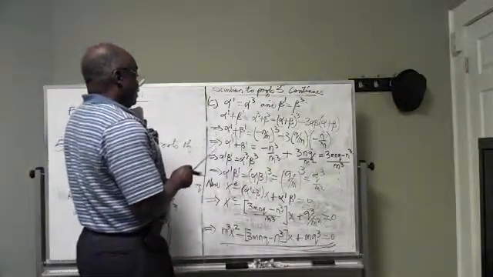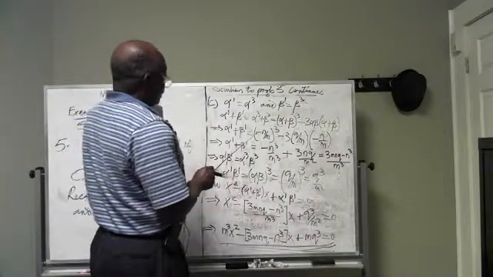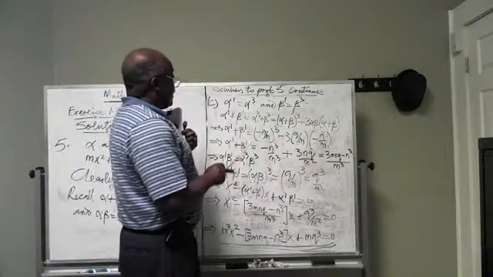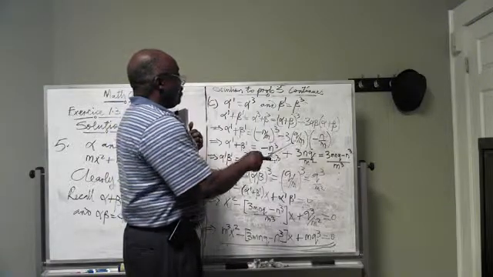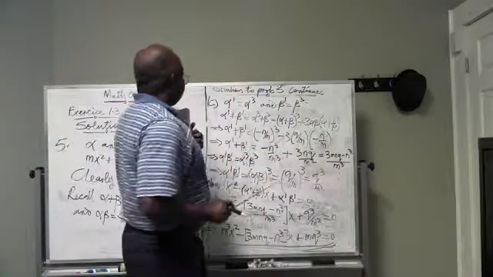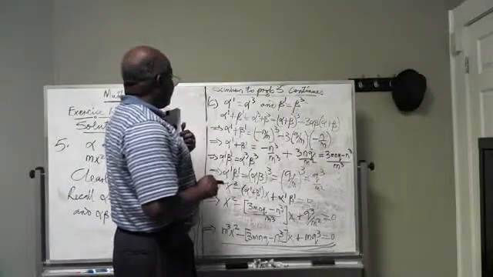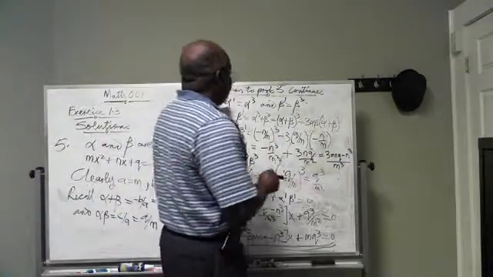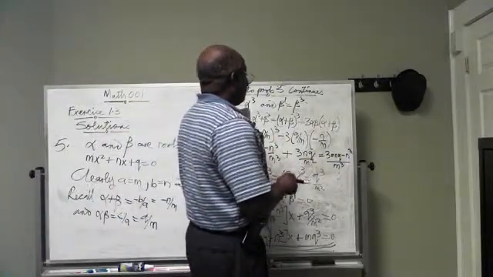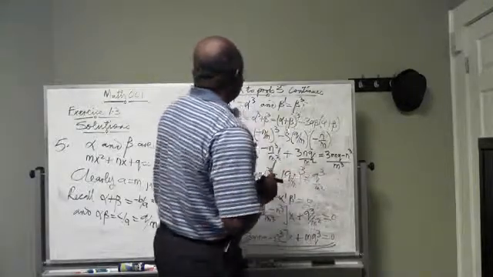This implies alpha prime plus beta prime on some further substitution is equal to minus n over m all cubed minus 3 into q over m all into minus n over m, which results in alpha prime plus beta prime equals minus n cubed over m cubed plus 3n cubed over m squared, which is equal to 3mn cubed minus n cubed over m cubed.